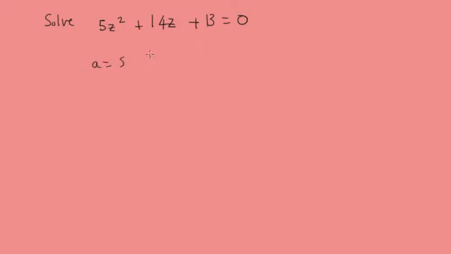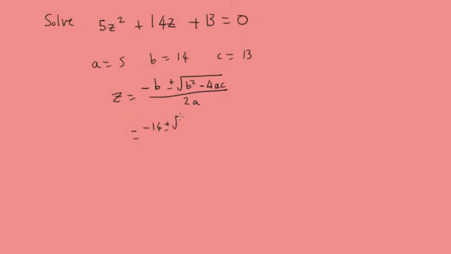So a is going to be 5, b is going to be 14, c is going to be 13, so z is going to be minus b plus or minus the square root of b squared minus 4ac, over 2a. So shoving your numbers in, minus 14 plus or minus the square root of 14 squared minus 4 times 5 times 13, all over 2 times 5 is 10.